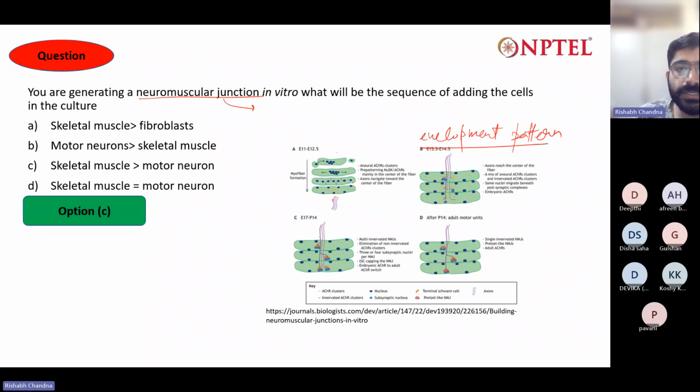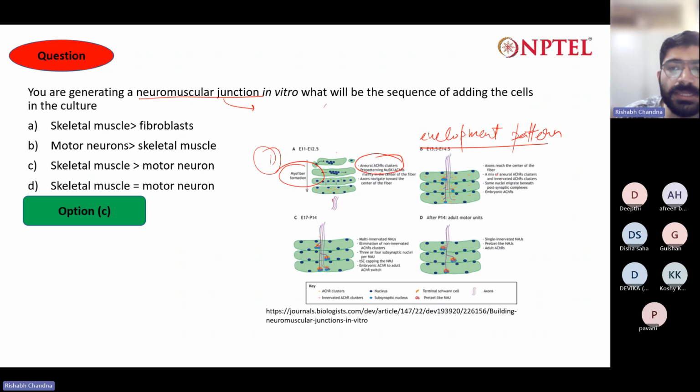As you can see here, these are the time points at which different events take place in the development of the neuromuscular junction. So first, what happens? There is development of the myofibrils or the myotubes, and there is generation of the acetylcholine receptors on the particular myotubes. So this is the first step in the development.